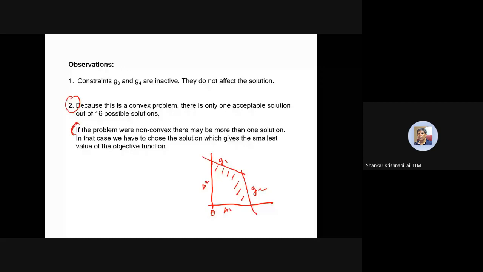We also gave the constraints that A1 should be greater than or equal to 0 and A2 should be greater than or equal to 0, but that is not necessary because the solution is here. The contours of the objective function are coming like this, and it is touching here.